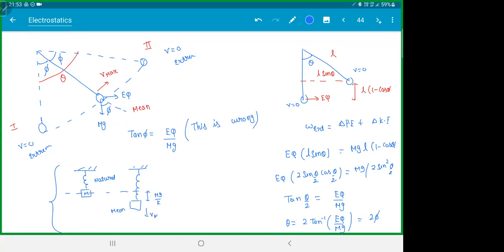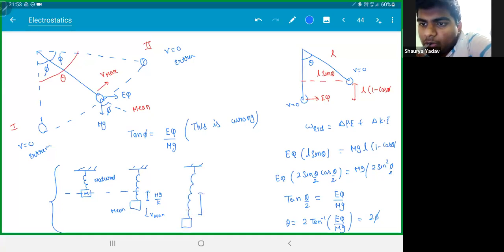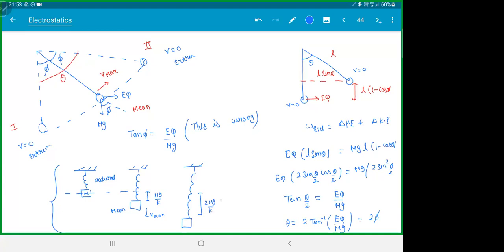This is V max. It will go further more. It will go 2 mg by k. Remember? Same idea it was. If you start from rest and you apply some force, the bodies won't stop at the mean position. They will continue to go further. Remember these models. Clear with this?